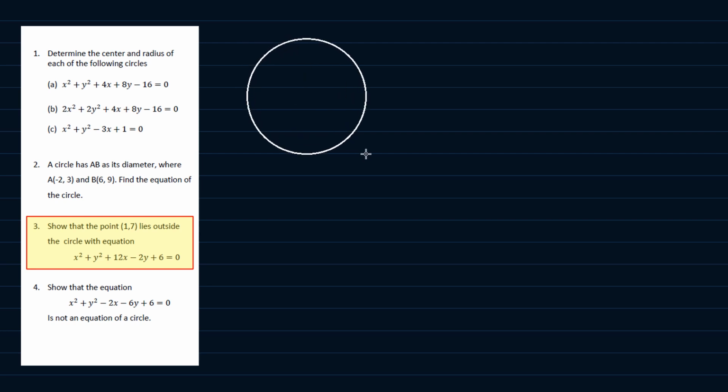So we have a circle here with its own center, which I want to call C, and radius, which I would want to call R. And we have a point which we want to prove lies outside, so it's the point (1, 7). The equation of the circle is x squared plus y squared plus 12x minus 2y plus 6 equal to 0.